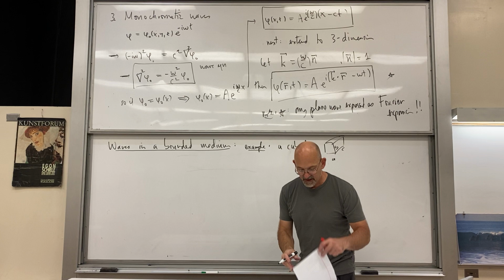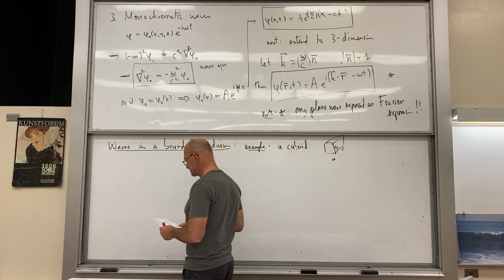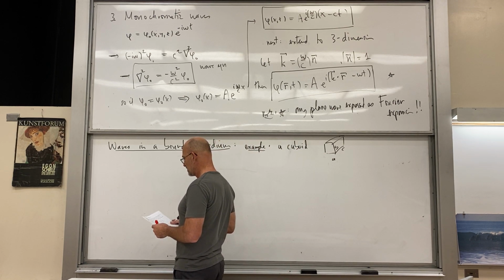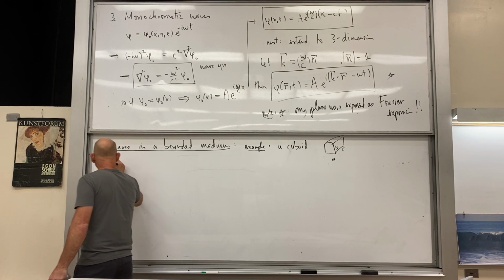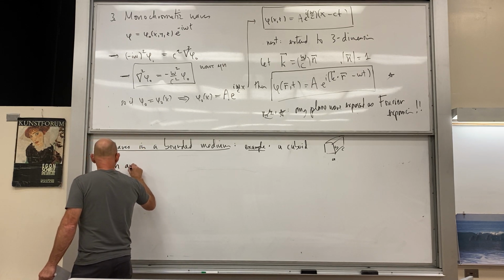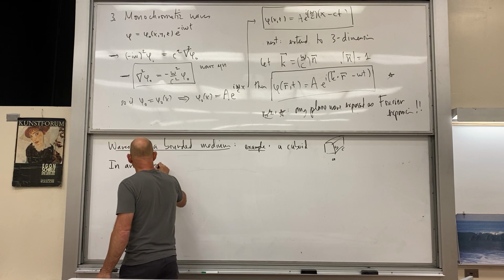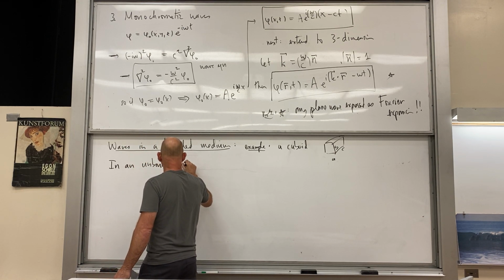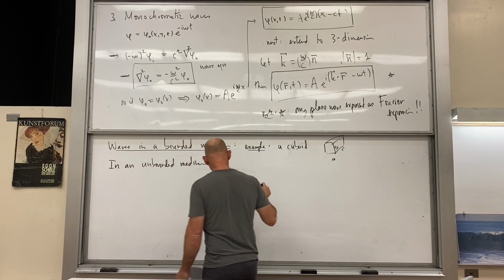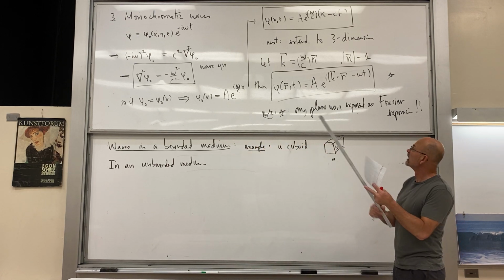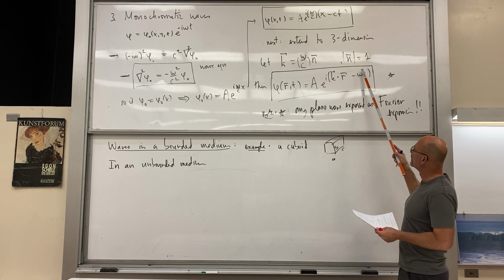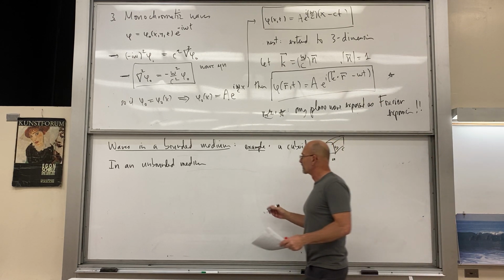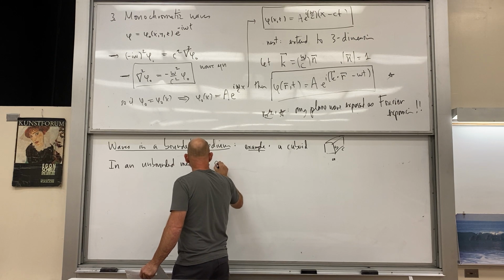So before we get to that, let's look at how the wave equation is going to have to be treated. So we're going to compare with an unbounded medium, which is what we're talking about up here. In an unbounded medium, any frequency omega is possible as a solution of the wave equation.